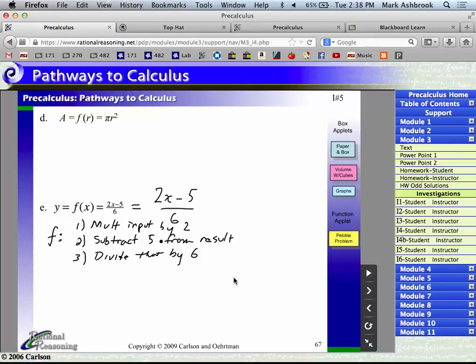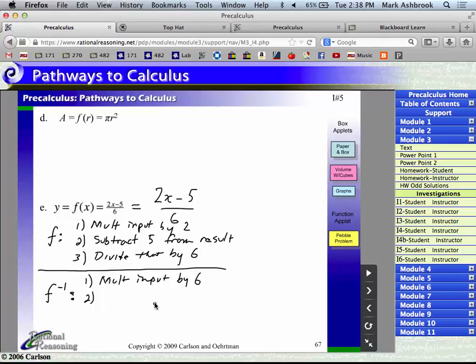So therefore, what about F inverse? What's the first thing that F inverse would do in the process? Shola? Multiply the input by 6. And then what next?